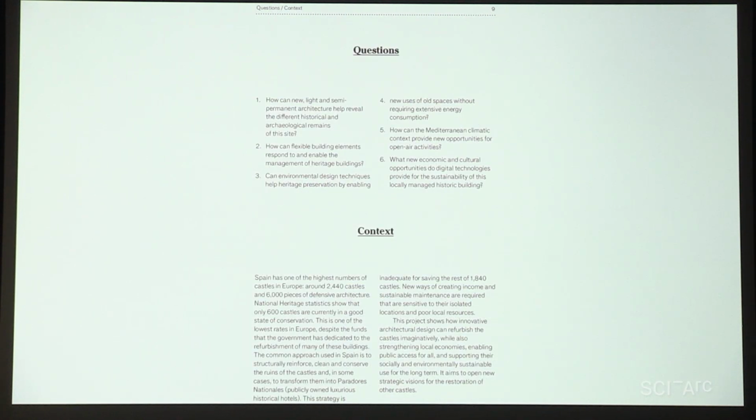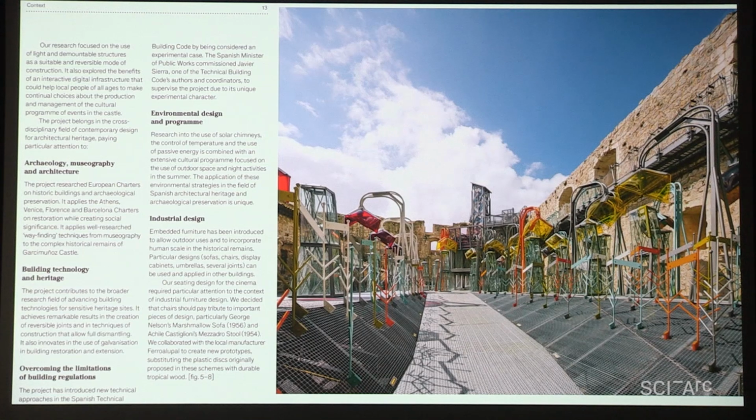So what we try to do is to show the research question that the building is containing. Issues like how light and semi-permanent architecture can help the introduction of new uses in the historical remains, how flexible building solutions can manage the future sustainability of heritage, how the Mediterranean culture of using outdoor space can help the decrease of energy consumption.